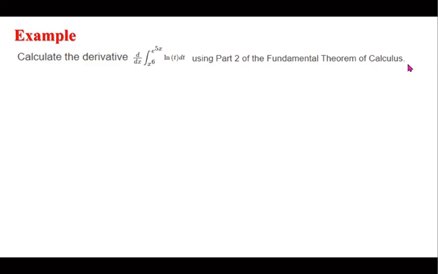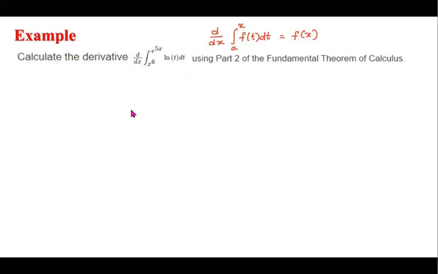So if you remember the second part of the fundamental theorem of calculus, that was this. That is the equation. And what we need is the lower limit of the integral to be a finite value. But here both are functions of x. So what we need to do is rewrite this.